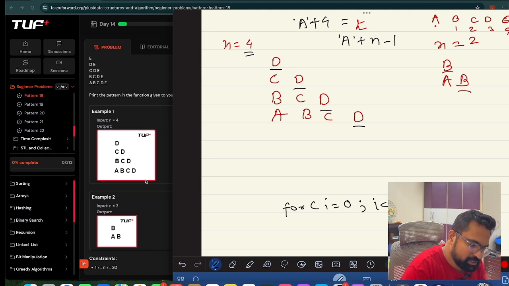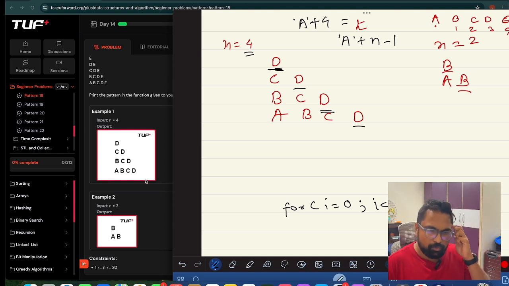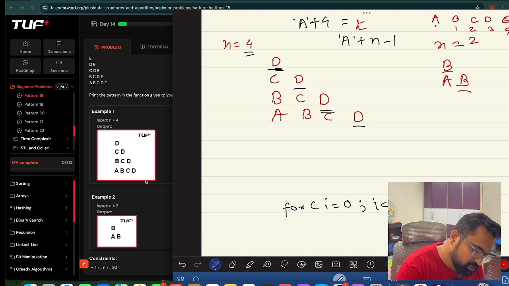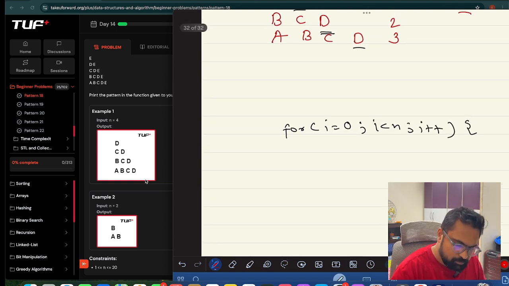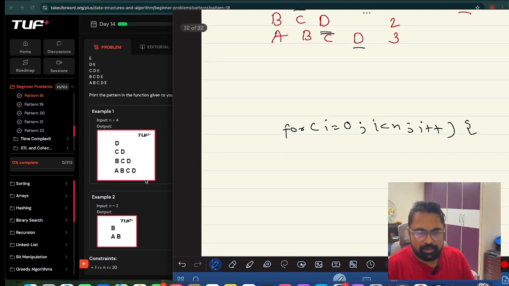So A plus 3 is my D. That way we can identify this character, right? And our i value is here 0, here 1, here 2, here 3. Till now it is clear, right?